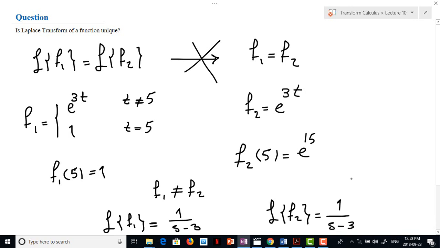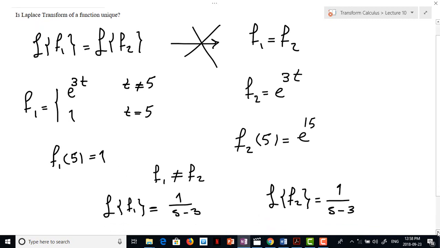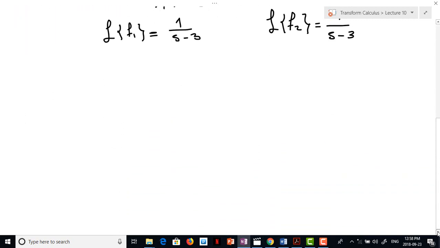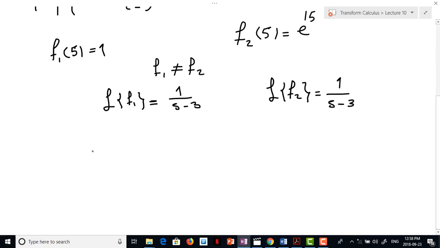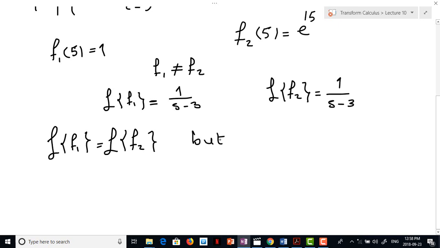So now you can see that the Laplace transforms of f1 and f2 are equal, but f1 is not equal to f2.